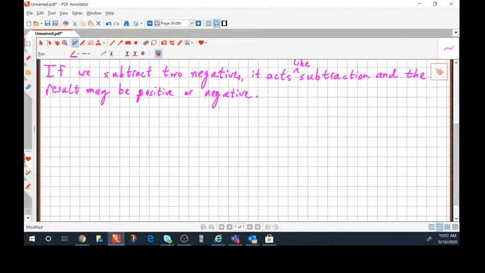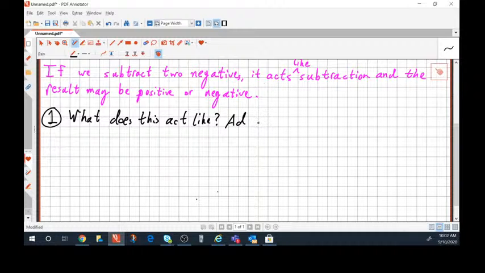So remember, that means when we come back to that three-step process we have for this, step one was to identify what does this act like, addition or subtraction?